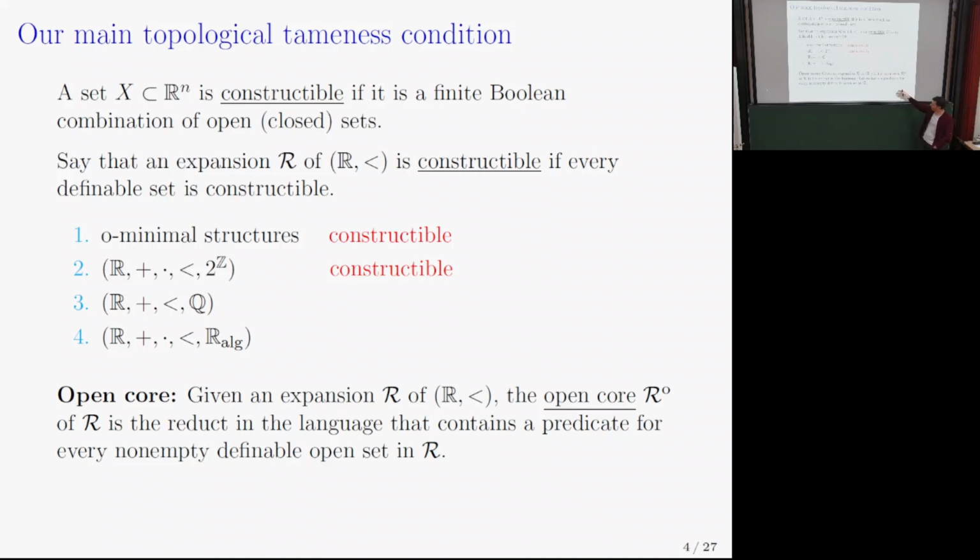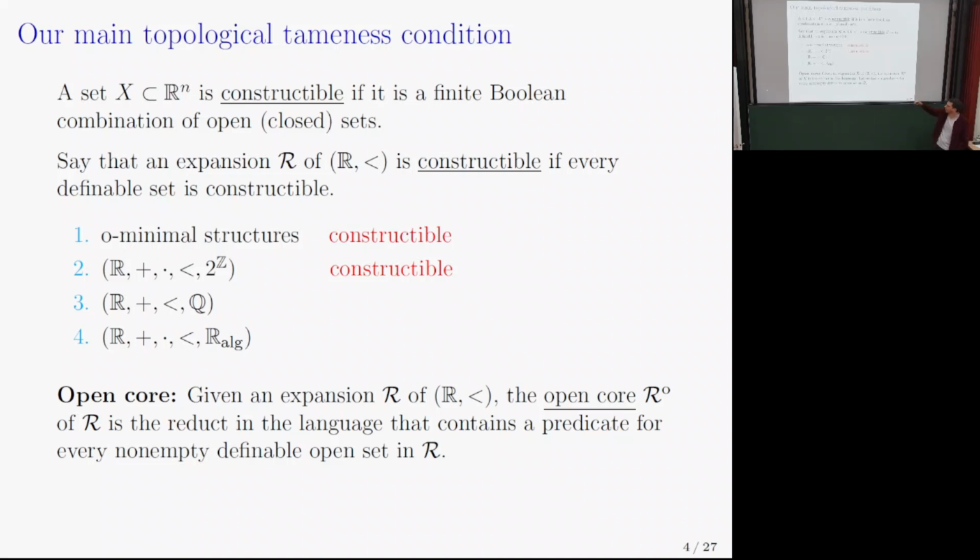This kind of idea, I would argue, goes all the way back to the work of Robinson on topological model theory. He argues that if you're working with a topological structure, you want your basic predicates in your language to be, in some sense, compatible with the topology. And this is exactly what we're forcing with this definition of open core, right?